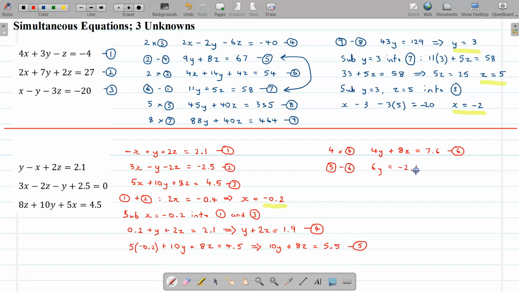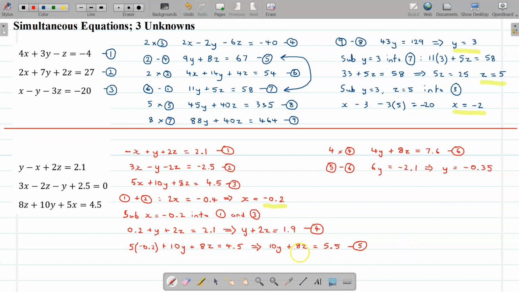Well, it does work out, because if you divide both sides by 6, you get that y equals negative 2.1 over 6, which is actually negative 0.35.